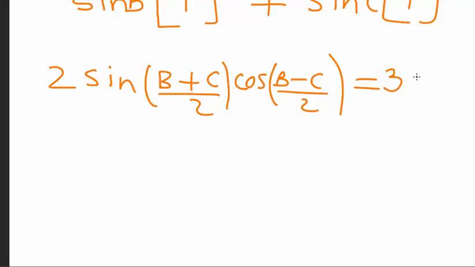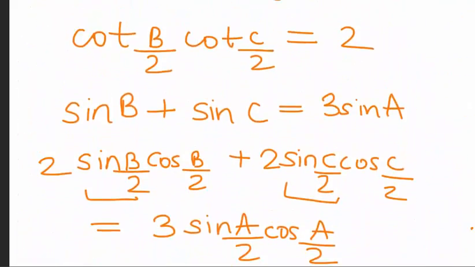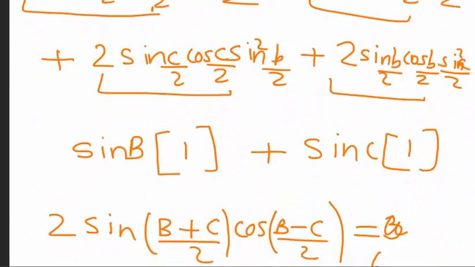Actually it's going to be 6, I think. Yeah, because I think I missed a 2 here. Actually we had a 3 here, 3 sine of a, but since I converted from the whole angle to the half angle, it should be multiplied by 2, and 2 times 3 is 6, so it should be 6, right?